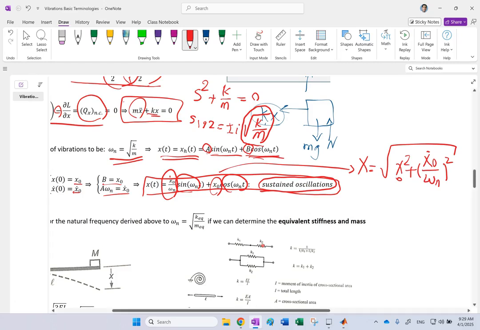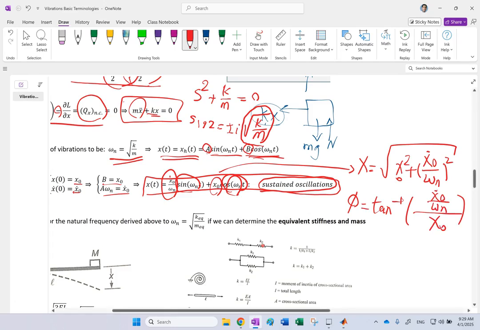What's the frequency of the oscillation? That's the natural frequency. What's the phase? If you want to write it as a phase, it is going to be tangent inverse of the sine coefficient over the cosine coefficient. The sine coefficient is x dot 0 over omega n, and the cosine coefficient is x0.